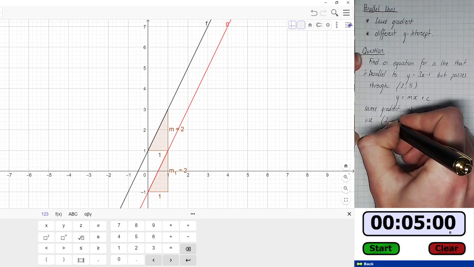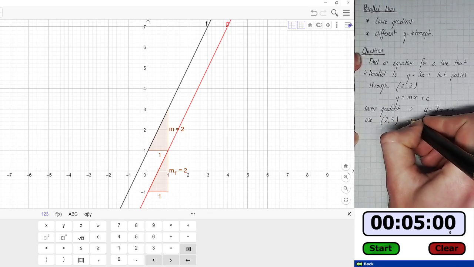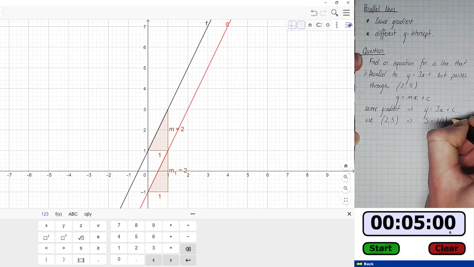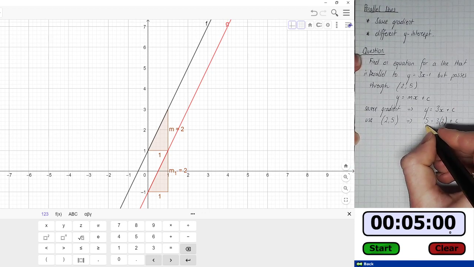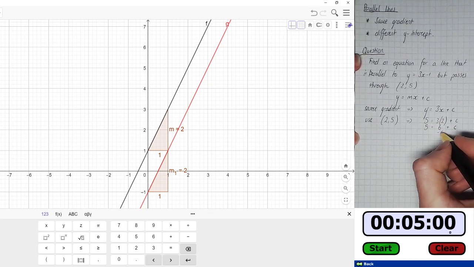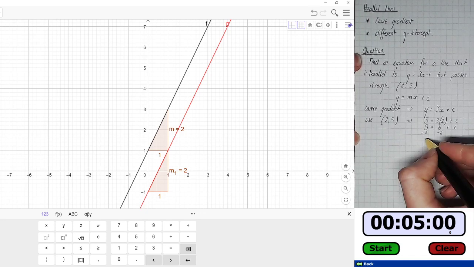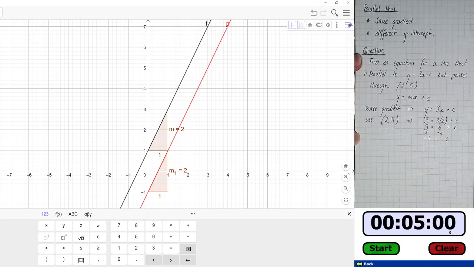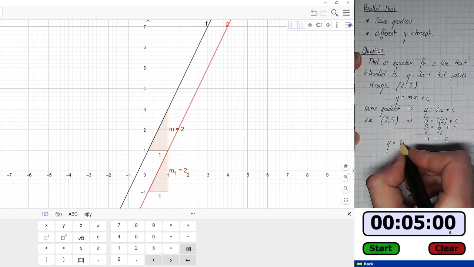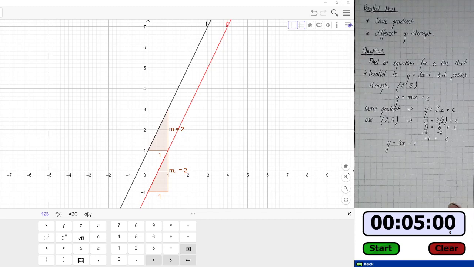And then we use the coordinate 2, 5 to say that 5 is equal to 3 lots of 2 plus a number, or 5 is equal to 6 plus a number. Take off 6 from both sides to get c is negative 1. So our equation would be y equals 3x, take away 1.